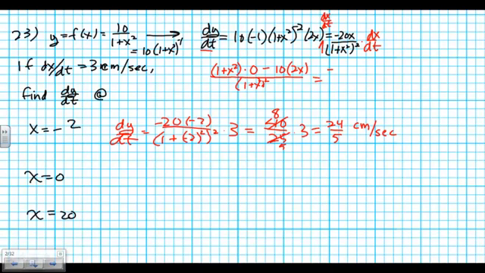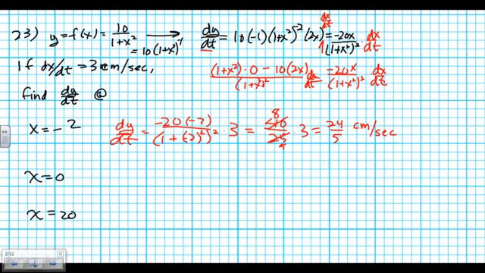That gives me on top a 20, oh sorry, and I forgot the chain rule again, dx/dt. So I got a negative 20x on top, a (1 plus x squared) squared on the bottom, and a dx/dt at the tail end. It looks to me like I got the same thing regardless of which method I use.